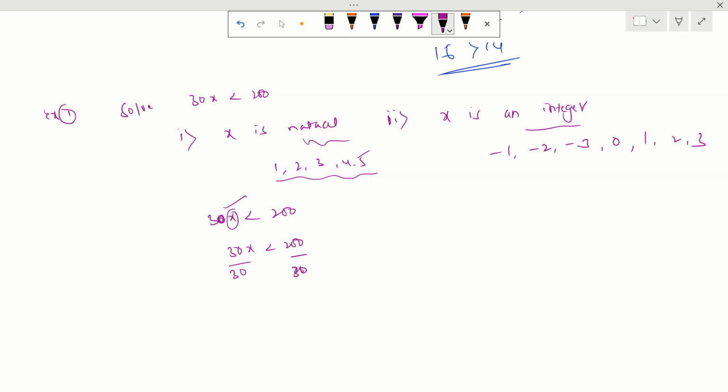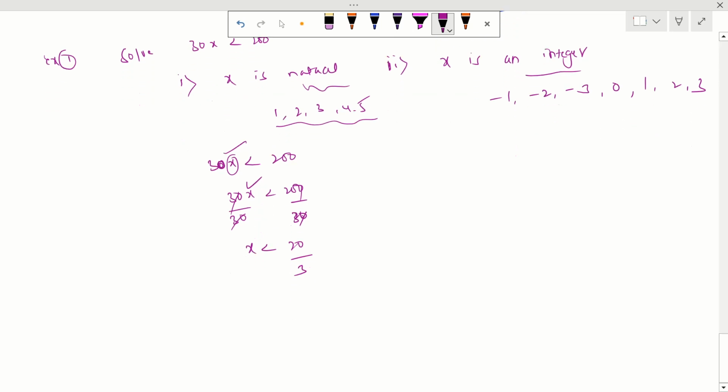Why am I dividing by 30? Because I just want x as a single term. 30 will get cancelled, so x only remains, and the 0 will get cancelled, leaving 20 by 3, right? x is less than 20 by 3, right?